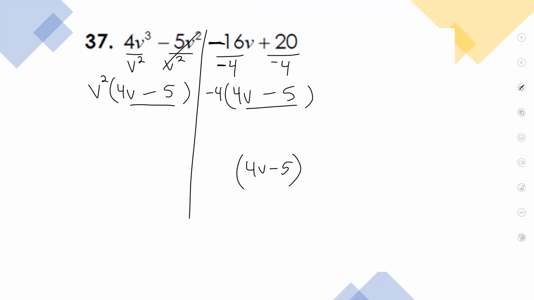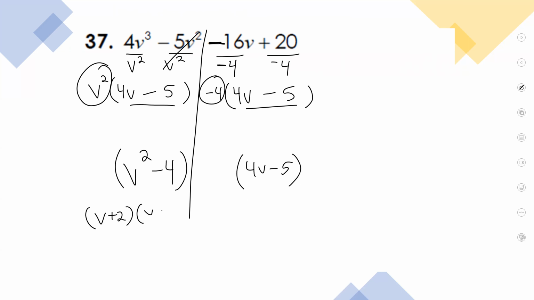So your answer will be 4V minus 5. And then what's on the outside? V squared minus 4. And then the same thing. This can be factored as V plus 2 and V minus 2. So your entire answer will be this and this.